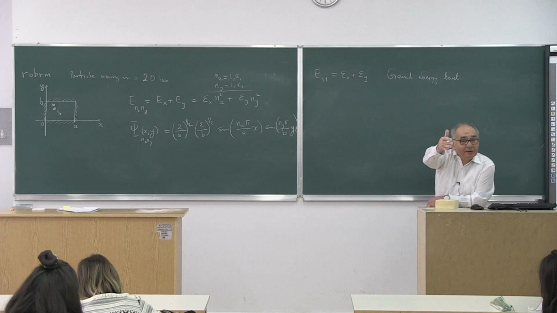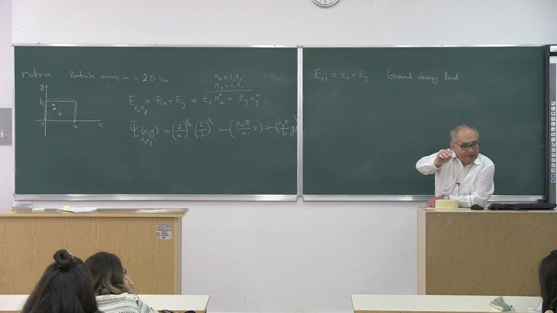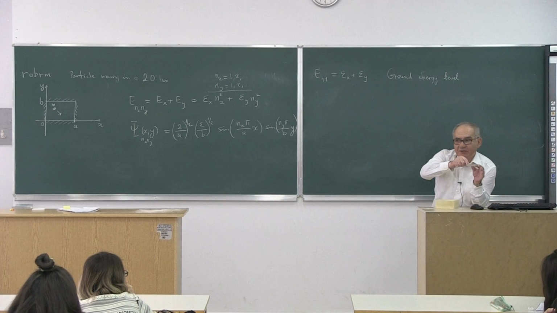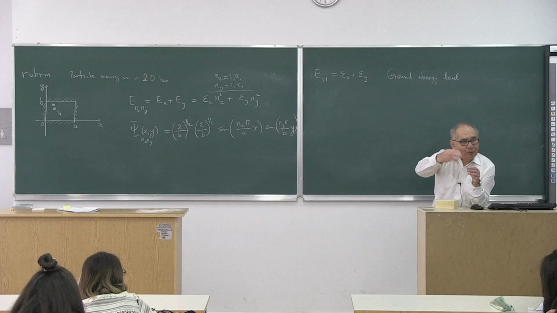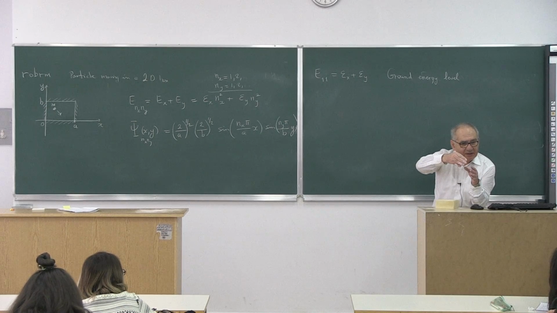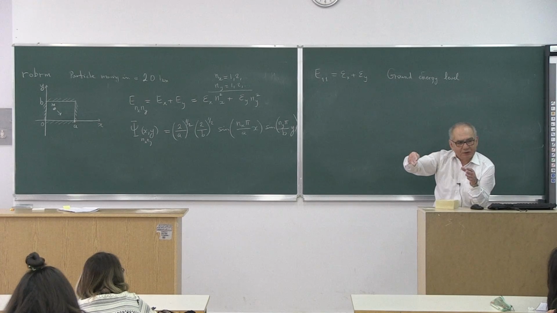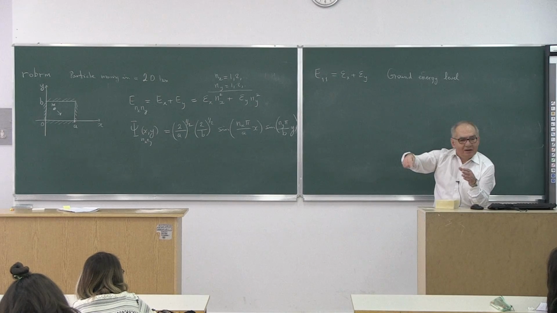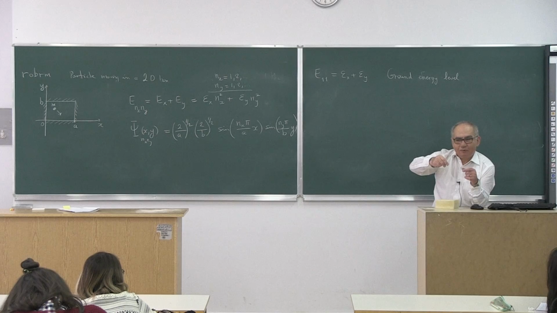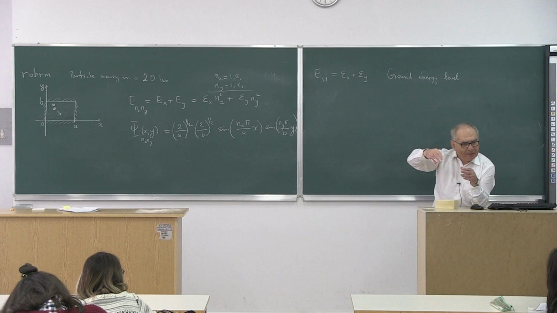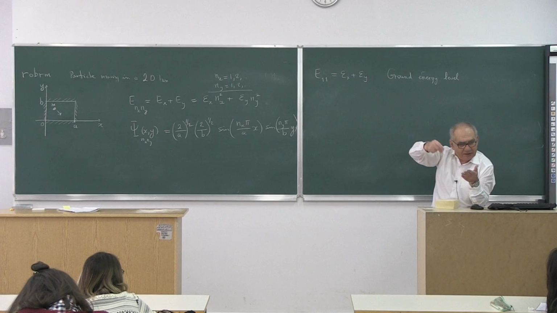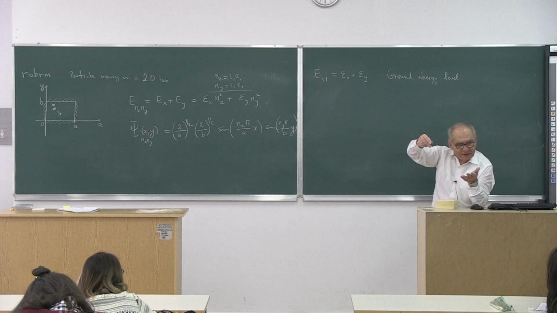Let us remember the concept of zero-point energy. What was the definition? It is the difference between lowest energy quantum mechanically predicted minus lowest energy classically predicted. Classical value for the lowest possible energy is 0 here. Why? Because it's purely kinetic energy.